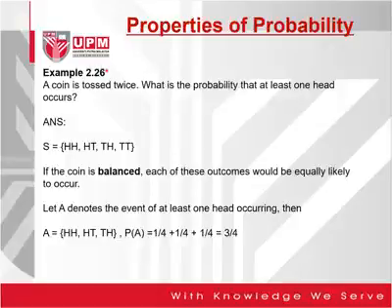This is our big N value. Now, what is the probability that at least one head occurs? Because this is a balanced case with a normal coin, not cheating, at least one head gives 1, 2, 3. So the answer is 3 over 4.